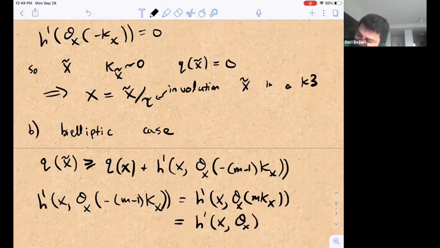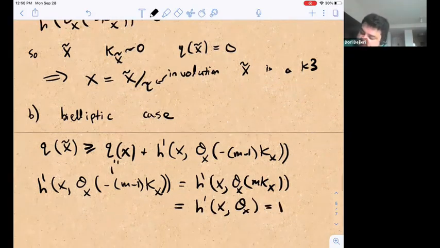That was one of our numerical conditions for the bielliptic case. So this is also 1. So that tells us that the irregularity of X tilde is greater than or equal to 2.